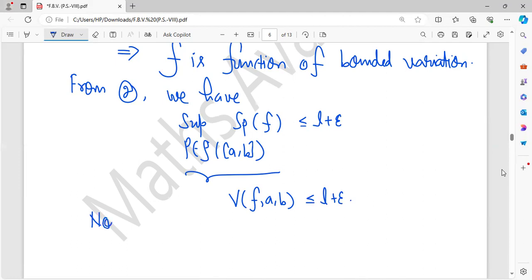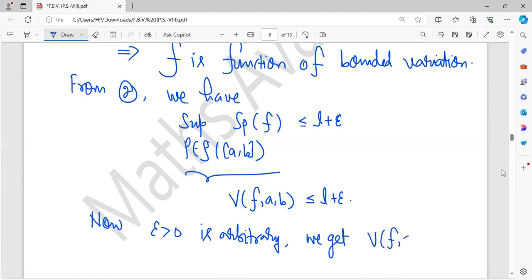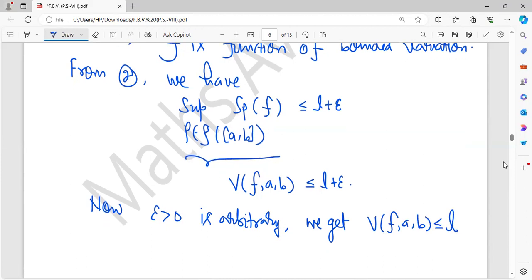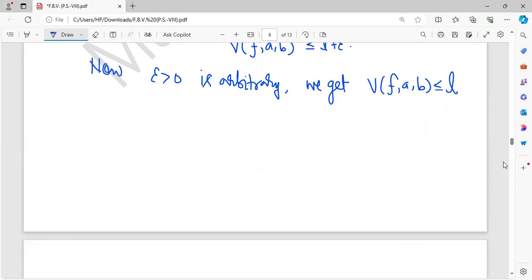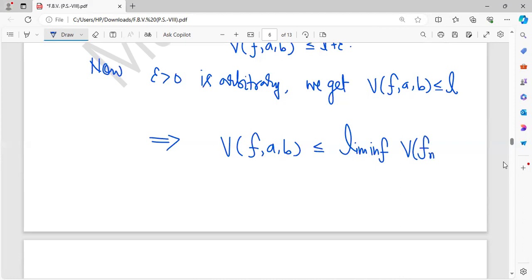Now epsilon greater than 0 is arbitrary. We get V(F, [a, b]) less than or equal to L. But what is L? Put the value of L here. V(F, [a, b]) is less than or equal to the limit inferior of V(F_n, [a, b]).